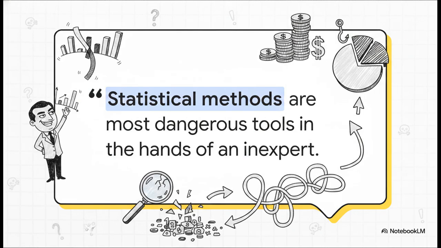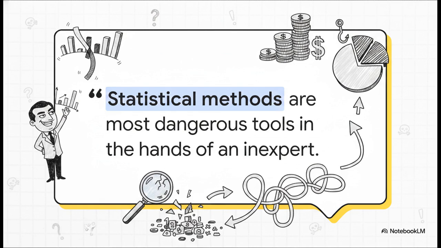But honestly, perhaps the greatest limitation of all isn't the math, it's us. Expertise is absolutely essential here because there is a vast scope for the misuse of statistics. As statisticians Yule and Kendall famously warned, they can be the most dangerous tools in the hands of an inexpert. Politicians and businesses often manipulate statistics to distort facts and draw predetermined conclusions that suit their own vested interests.